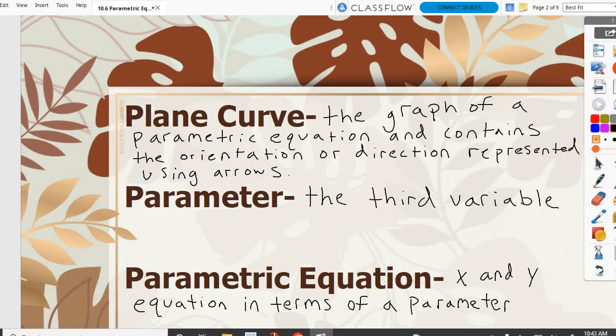So your parametric equations' graphs are going to look really similar to just your normal graphs, but they're going to have little arrows on them.